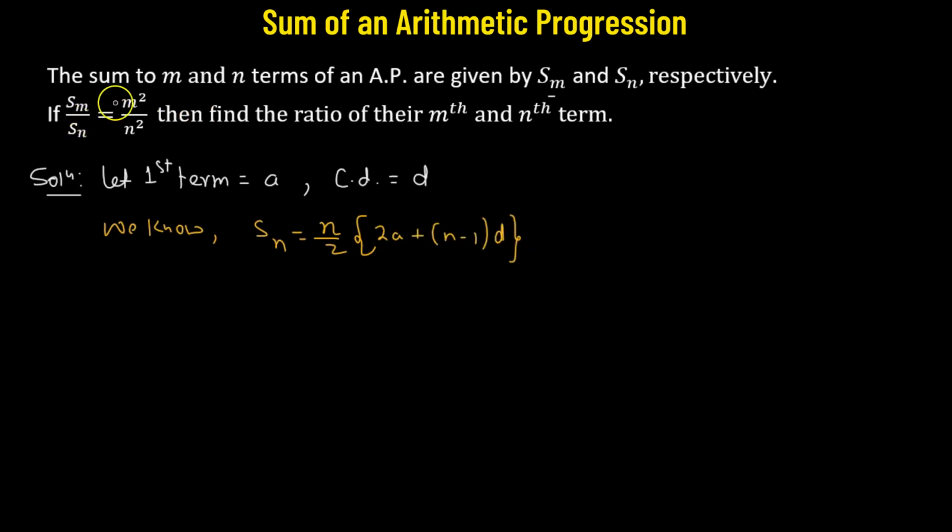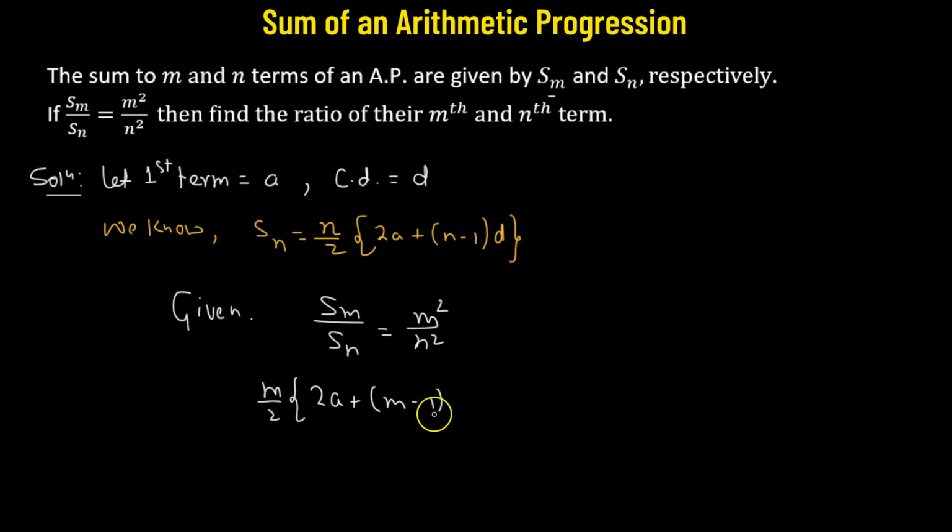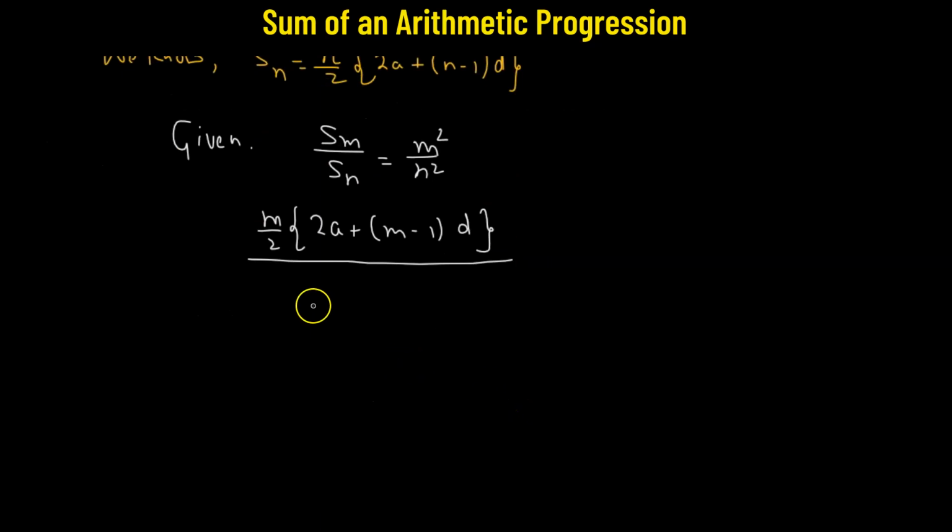So we can rewrite our ratio, which is given as Sm divided by Sn equals m squared over n squared. In place of Sm, we have m over 2 multiplied by 2a plus m minus 1 times the common difference d, divided by the sum to the nth term, which is n over 2 multiplied by 2a plus n minus 1 times the common difference d.